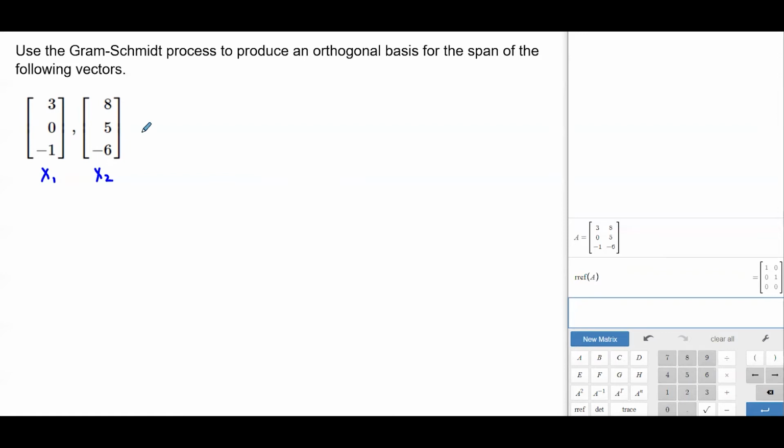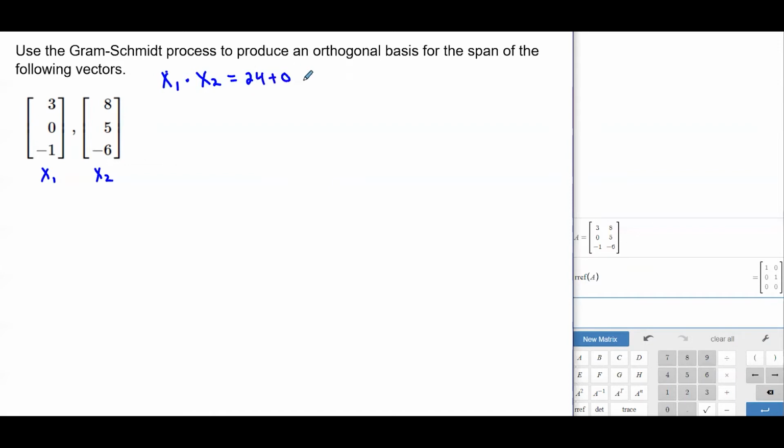Now, if I take the dot product of x1 and x2, I get 24 plus 0 plus 6. That's 30, so these are not orthogonal.